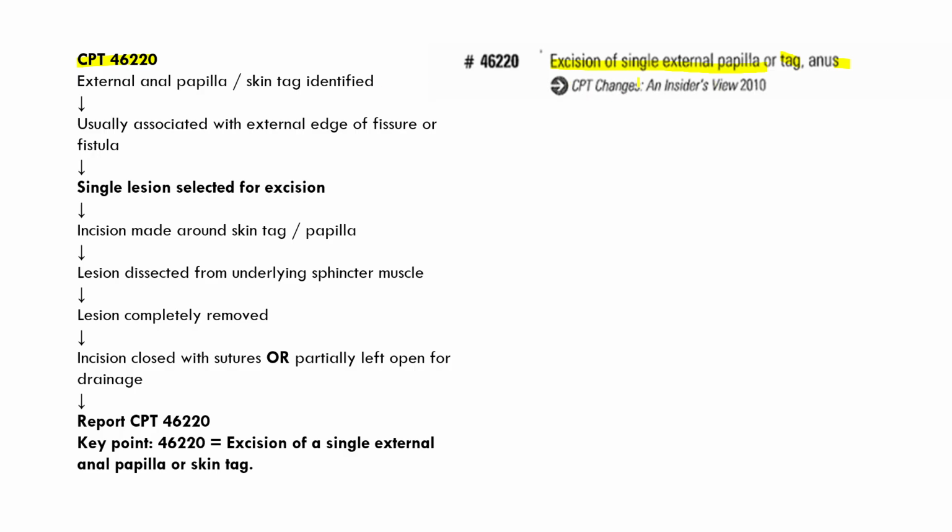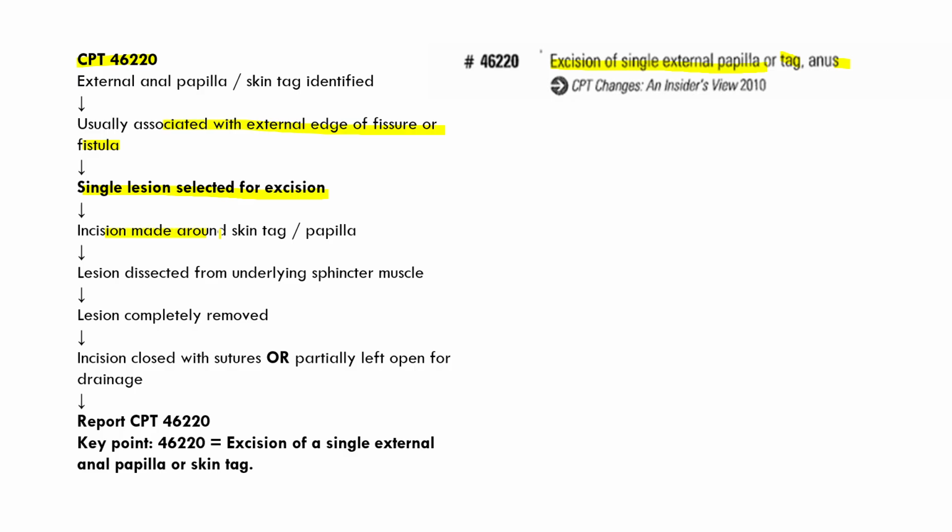So we have seen, right, there will be projections near the anal canal. We call it the external anal papilla. It is usually associated with the external edge of the fissure or fistula. So a single lesion is selected for excision, one single external papilla.